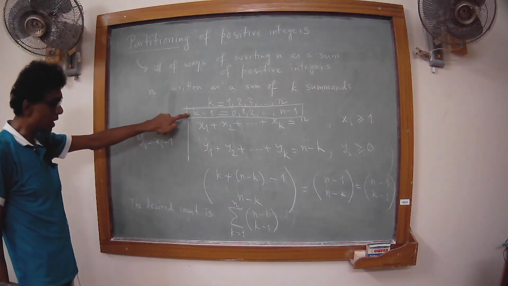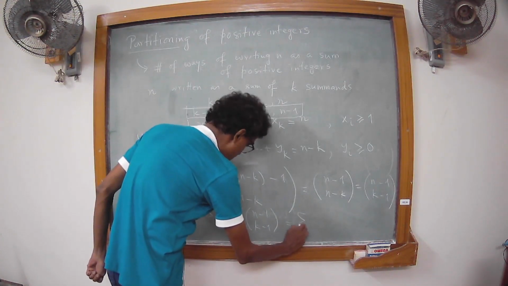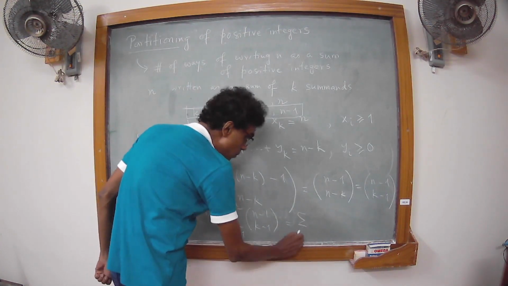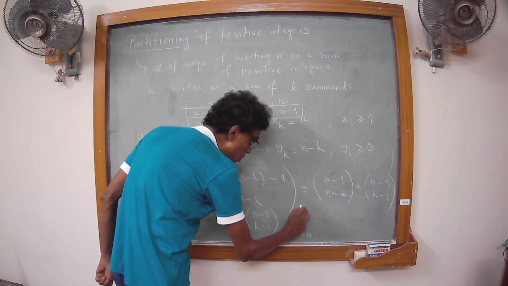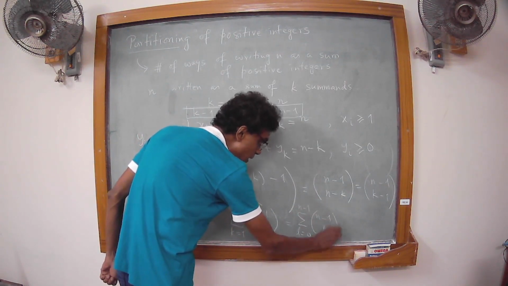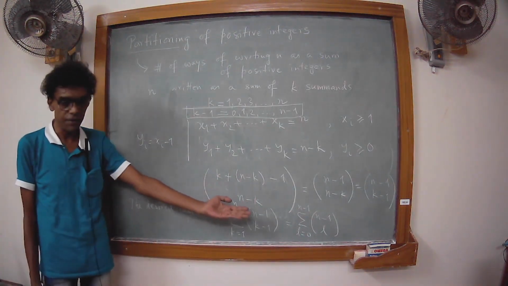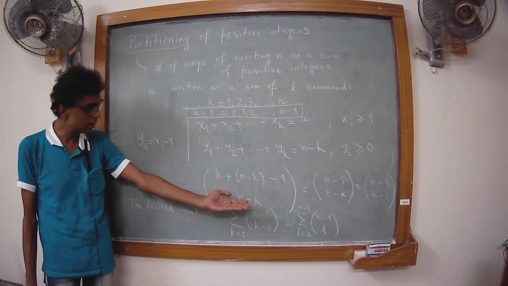If I give k minus 1 some name like L, then this is summation L equal to 0 to n minus 1, n minus 1 choose L, and this is nothing but the sum of the binomial coefficients. You know what it is?